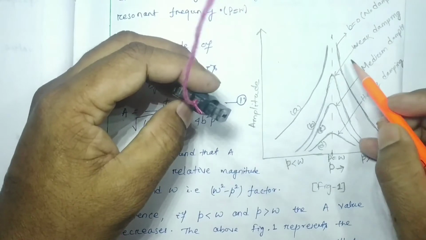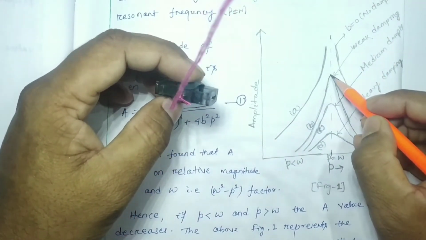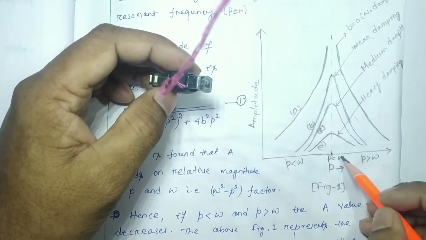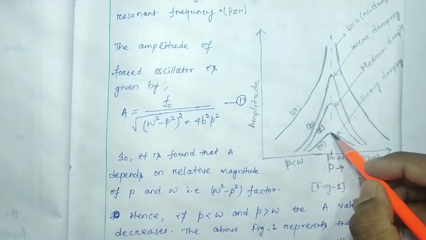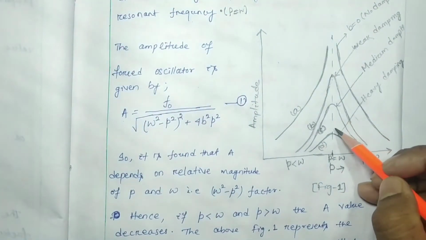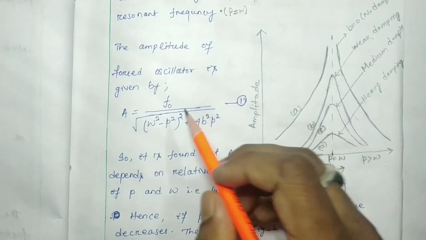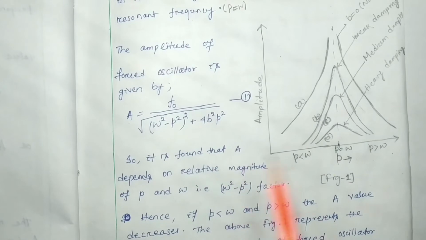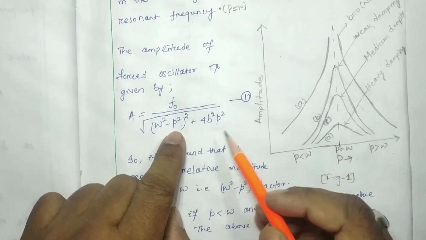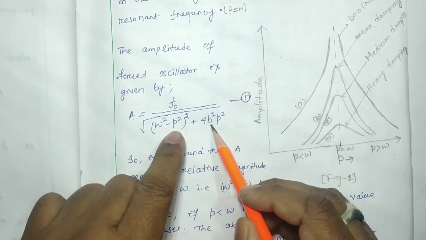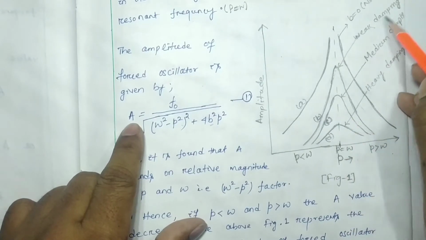Another point: for weak damping, at the resonant frequency the amplitude is maximum. For heavy damping, at the resonant frequency it is minimum. We can see this from the graph. This we can also find from this expression. You can see at p equal to omega, this term is 0, right? For heavy damping, this b is larger. If b is larger, then the amplitude will be smaller as compared with weak damping.